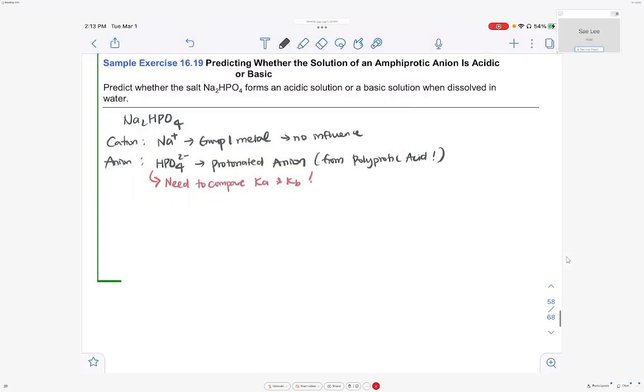So let's write a chemical equation when this anion acts as an acid. HPO4 2- acts as an acid. If it's going to act as an acid, it's going to generate a proton, right? It's going to generate a proton, and it's going to generate the deprotonated version of the anion.